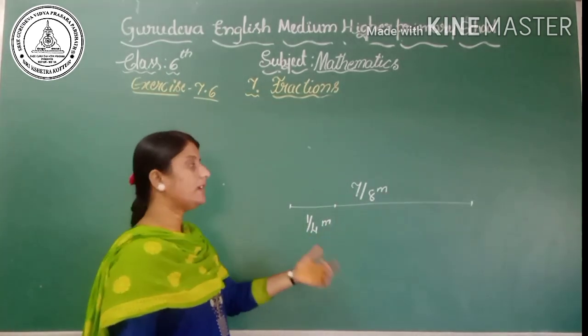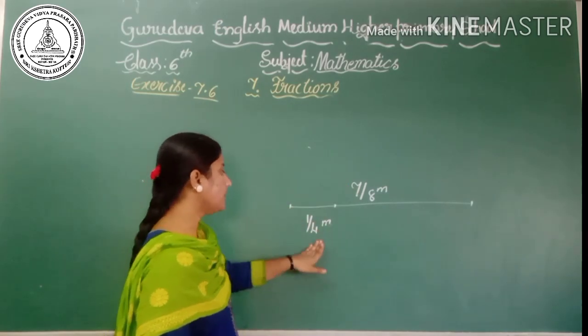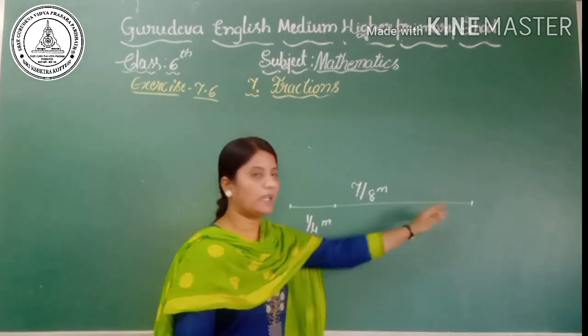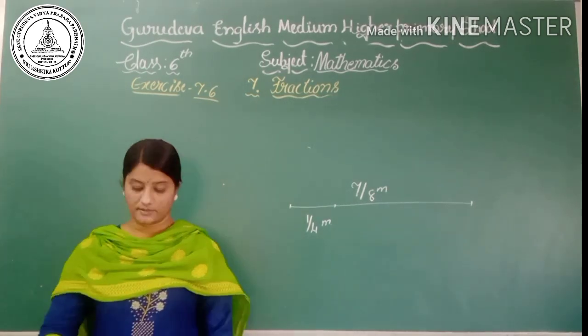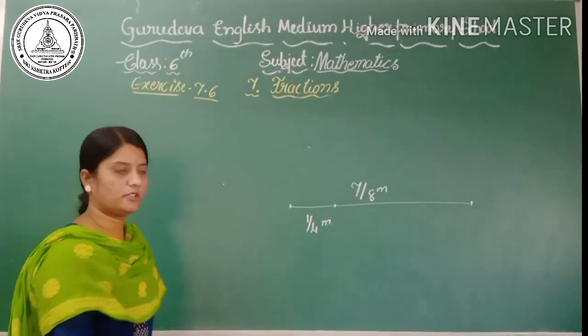Okay. What we have to do is subtract the 1 by 4 meter from the total length. Right? Write the sentence here.